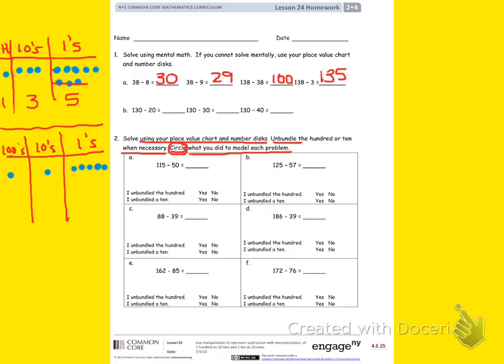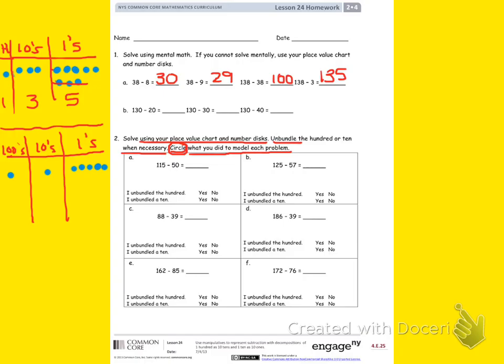If I'm going to be subtracting 50 from that, 50 has 0 in the ones place, so I don't have to do anything to that. But I do have to take a look at the tens place. The tens place has 5 in the tens column, but the picture only has 1 in the tens column.